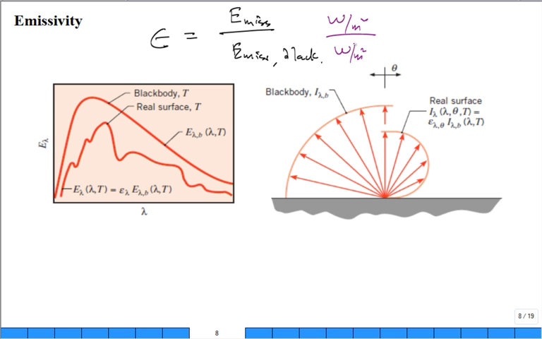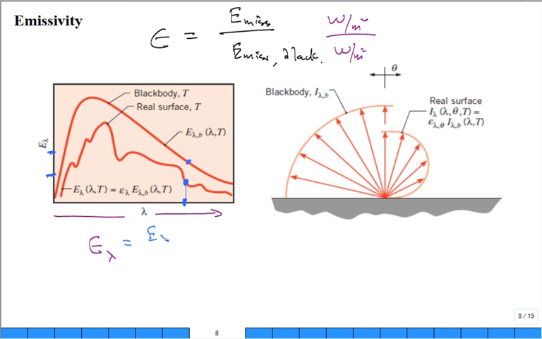Okay. You can take a look at as a function of wavelength. So you could talk about the emissivity at a particular wavelength. And at that wavelength, let's just pick one. Let's pick this wavelength right here. On this plot, there would be the actual emission at that wavelength from a particular surface compared to the black body, and that ratio would give us the emissivity.